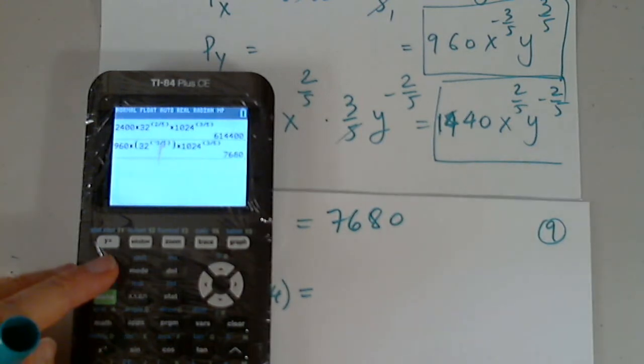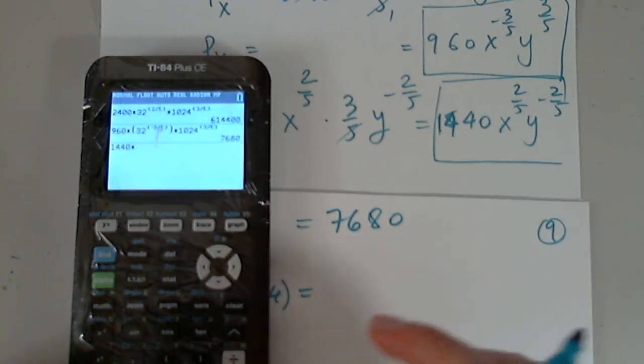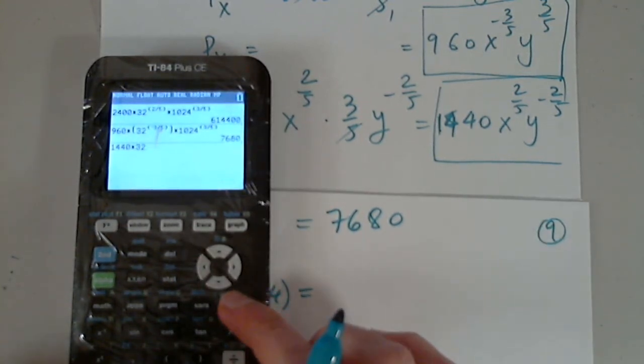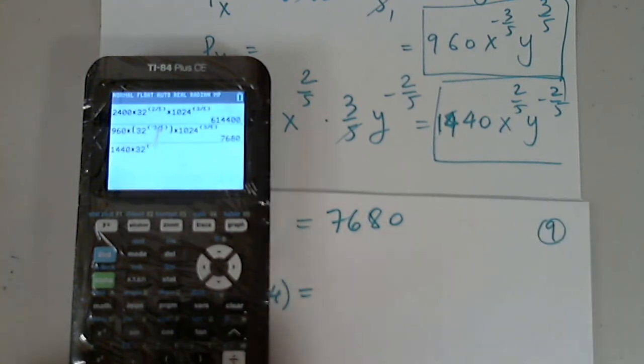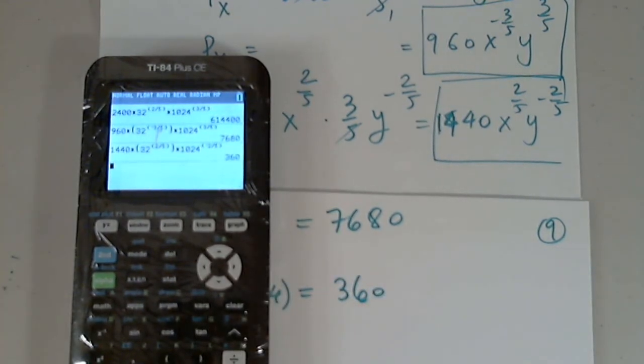Next one. What do I have? I have 1440 and then times 32 raised to power 2/5, and then multiplied by Y, which is 1024, and the power is negative 2/5. 360. Any questions?